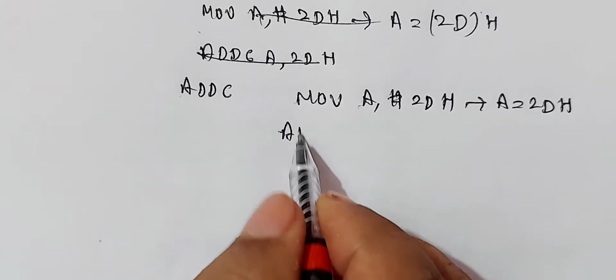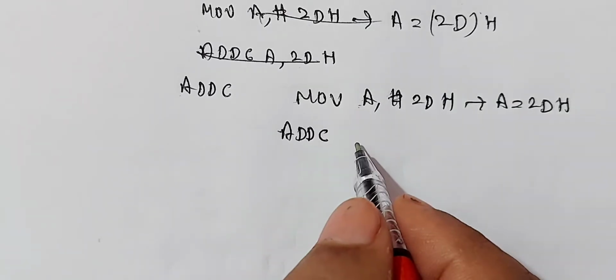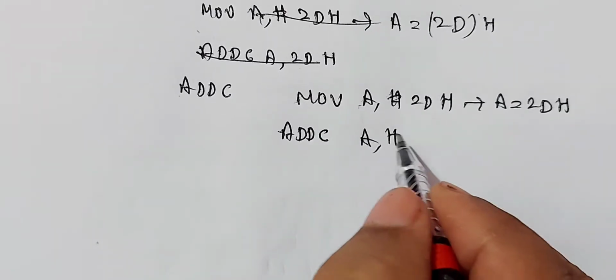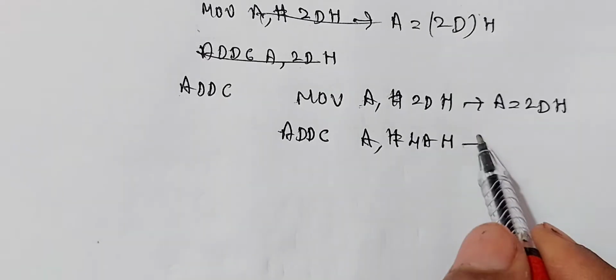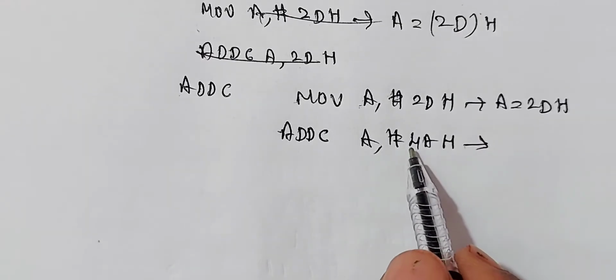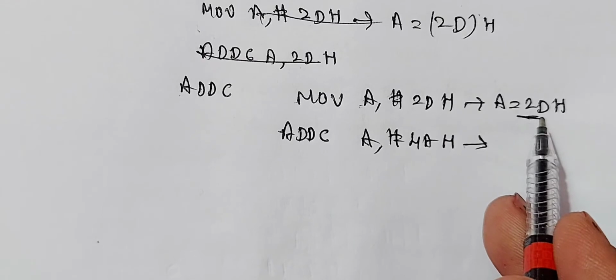Now I will write the ADDC instruction. Add with carry, A comma hash any number, 4AH. This implies that the number 4A is added with the content present in A. The content present in A is 2DH.